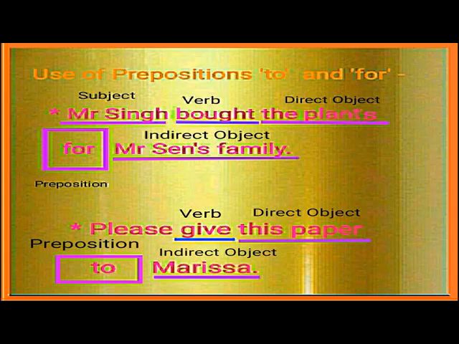That is a hidden subject, you. And what's the transitive verb here? Give. This paper is direct object. Marisa is an indirect object. And we have used the preposition to make this sentence more effective.